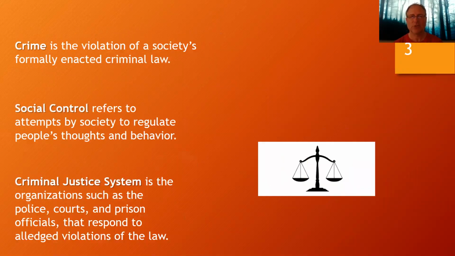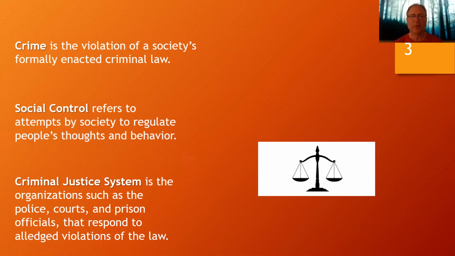Let's look at some additional terms. Crime is the violation of a society's formally enacted criminal law. Social control is defined as attempts by society to regulate people's thoughts and behaviors.